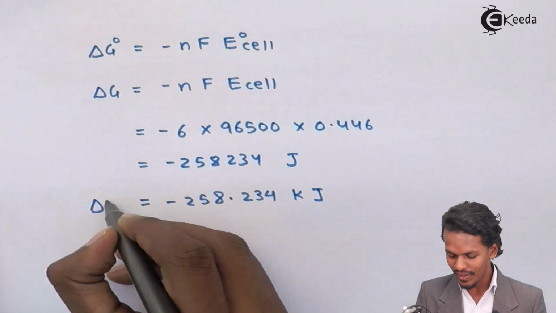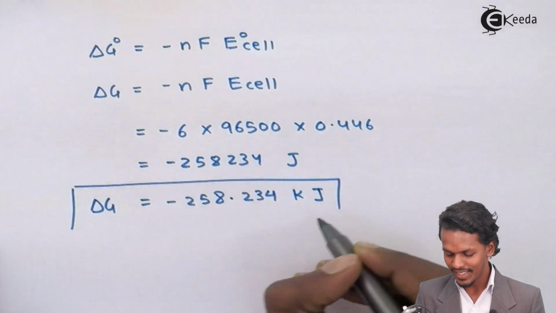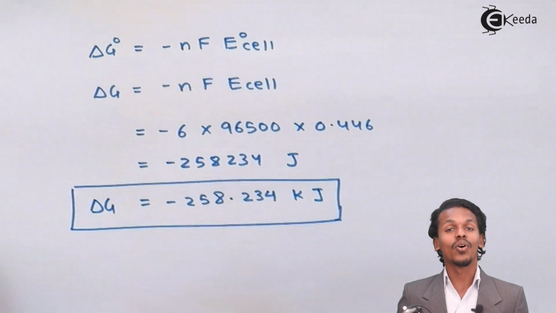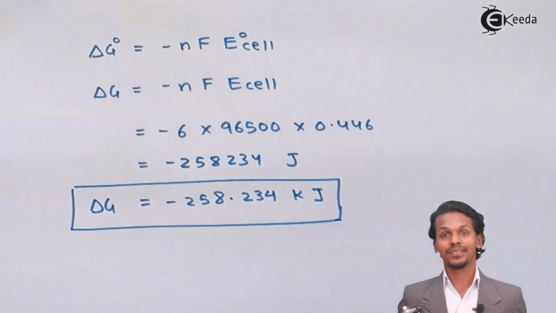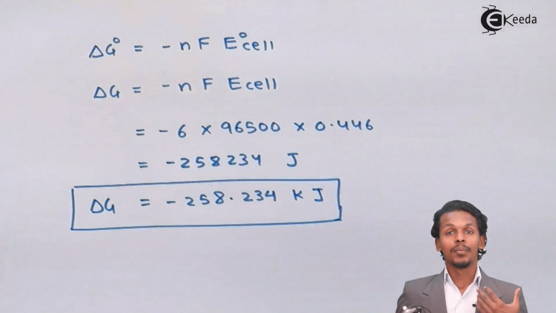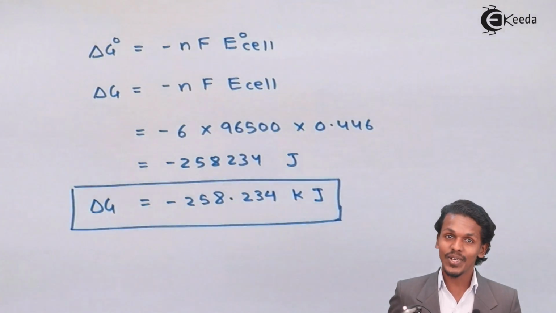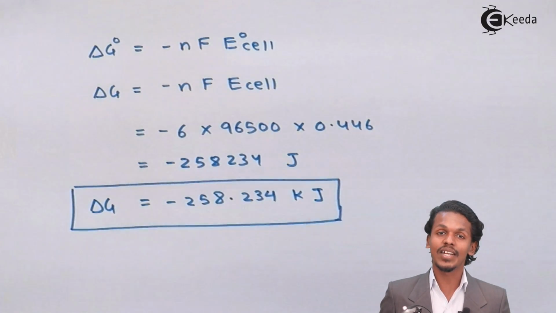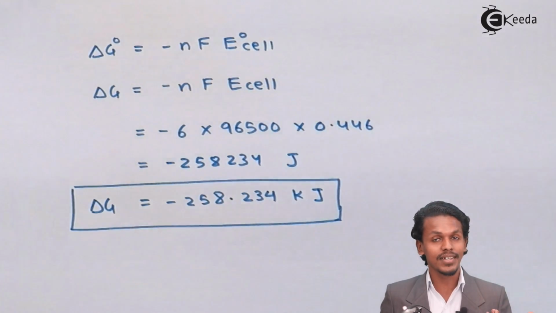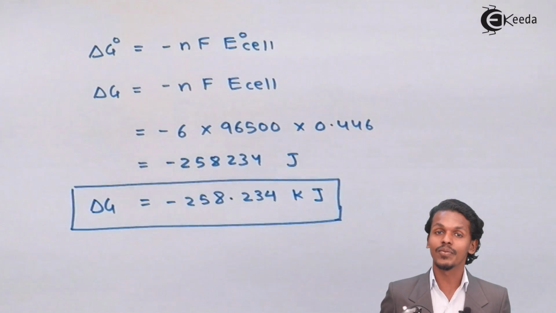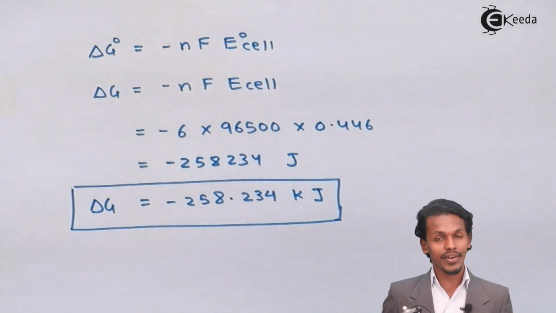So this is how we have calculated the value of delta G by the help of the value of E cell and the value of E naught cell, and we have also mentioned what would be the anode and what would be the cathode. We have also written the overall net cell reaction.